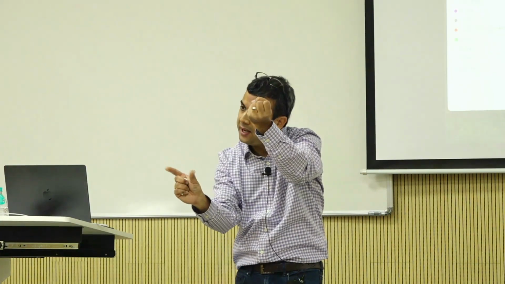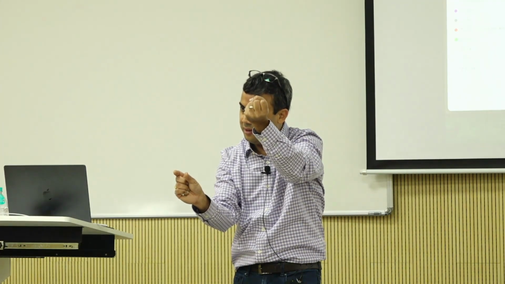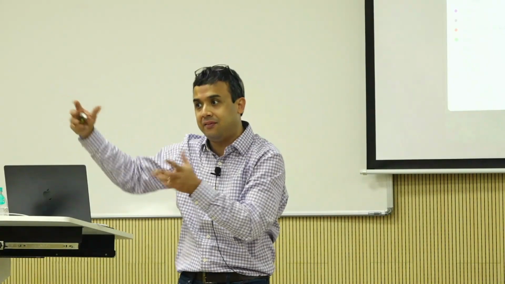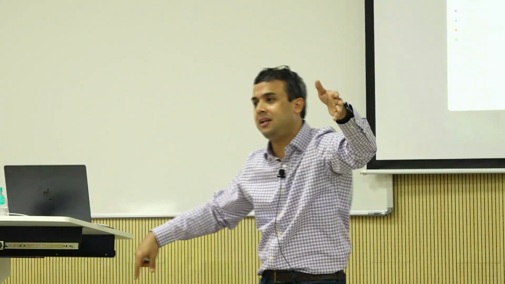So you are under predicting the strain. Are you following? But if you actually do the real estimation, the strain will actually be higher. And what does strain govern? Your actual performance, like cracking and everything comes from strain. So what I am saying is, by overestimating the modulus, your estimated performance will actually be better than what you will see in the real world. Does that answer your question?